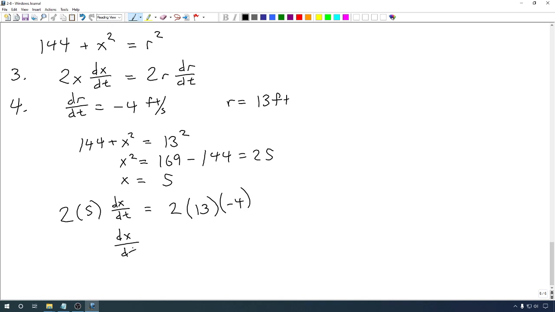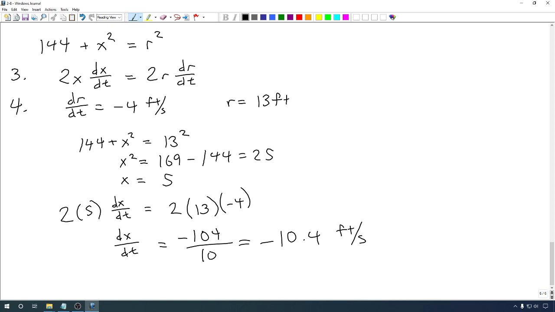So dx/dt is equal to, well, 2 times 13 times negative 4 is negative 104. Obviously, 2 times 5 is 10, so we're dividing by 10. So we get negative 10.4. And the units here are a distance over time, so it's feet per second. And that we could see as our answer.